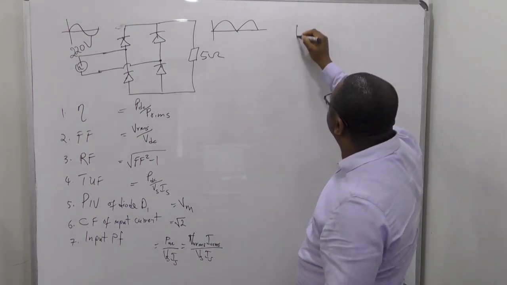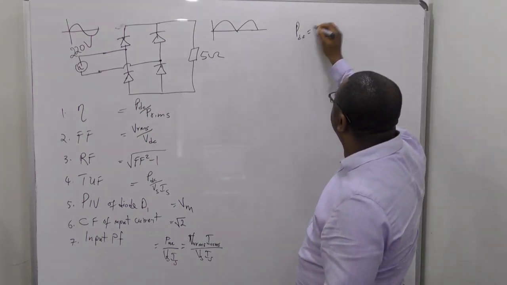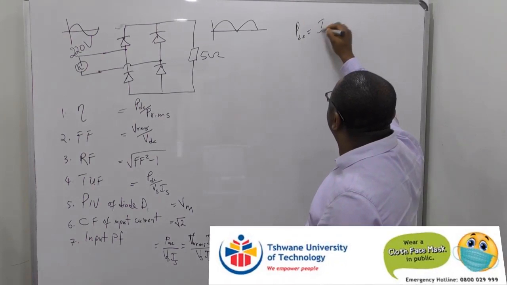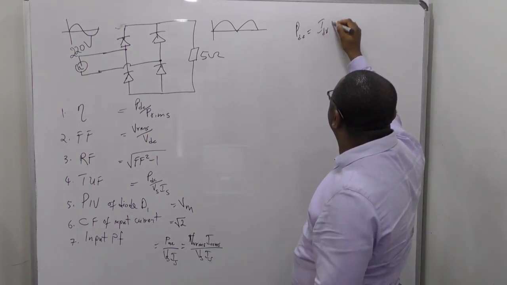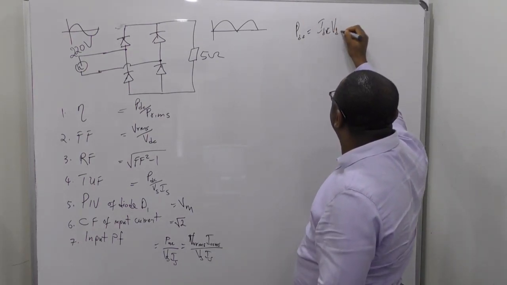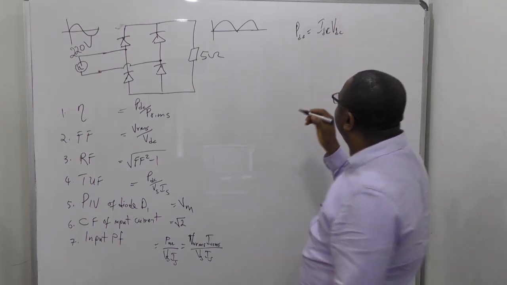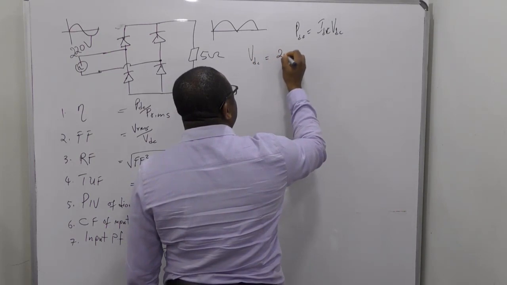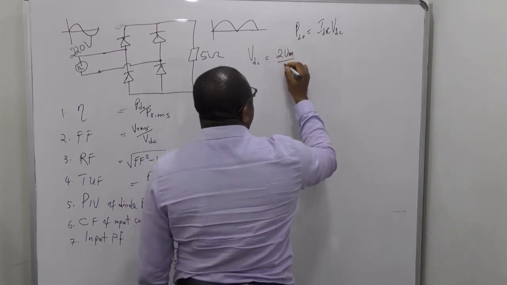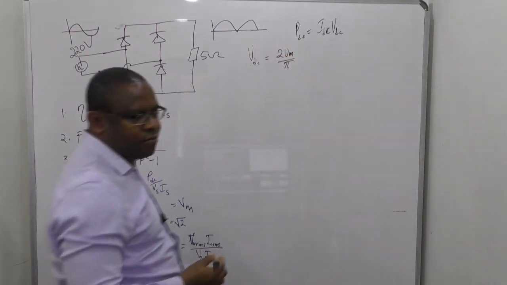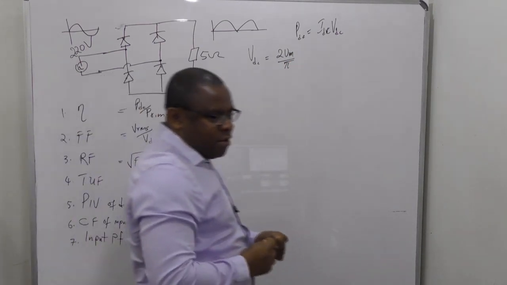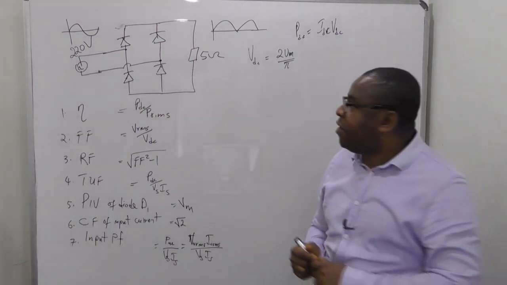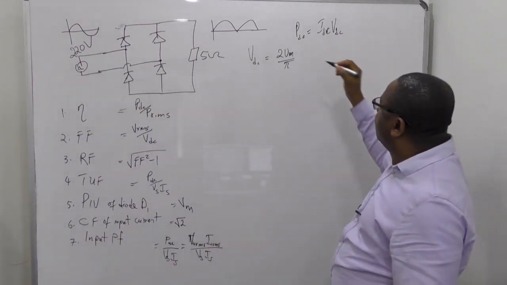And then PDC is the same thing as IDC VDC. So it means that we need to calculate our VDC. So VDC, we said, is 2 VM over pi. What is VM?